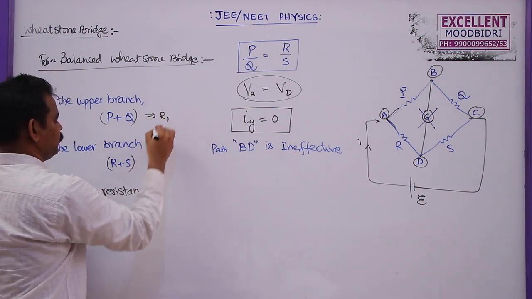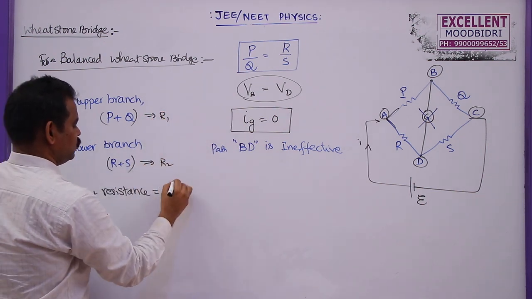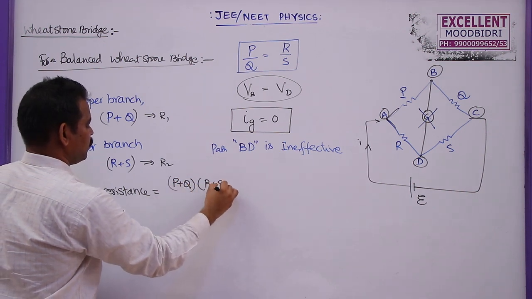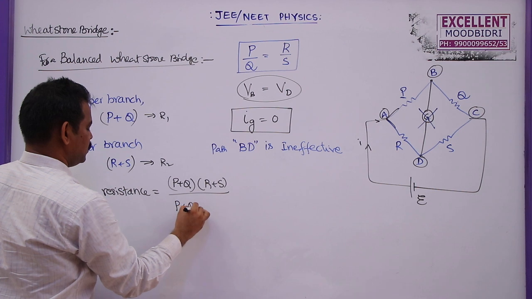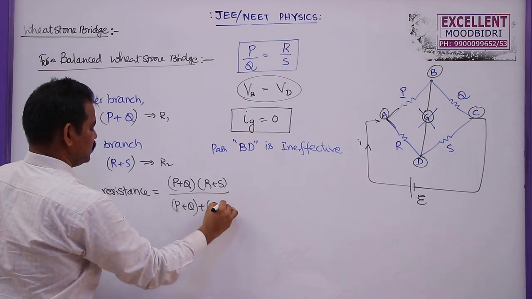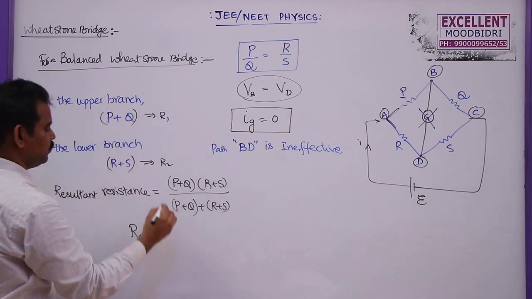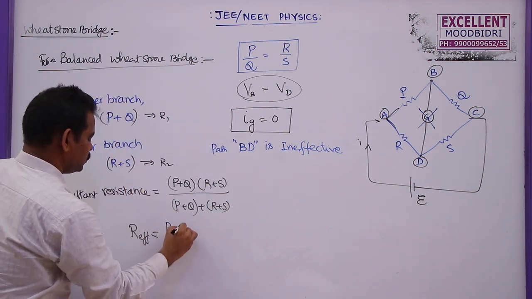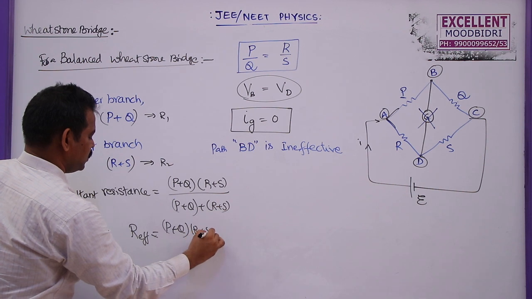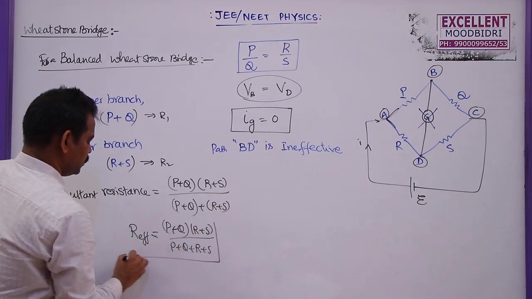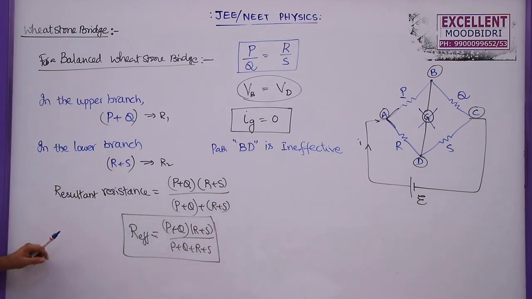This is R1, this is R2. So we can write P plus Q into R plus S by P plus Q plus R plus S. So R effective of a balanced Wheatstone bridge is given by P plus Q into R plus S by the sum of all the four resistors, P plus Q plus R plus S.